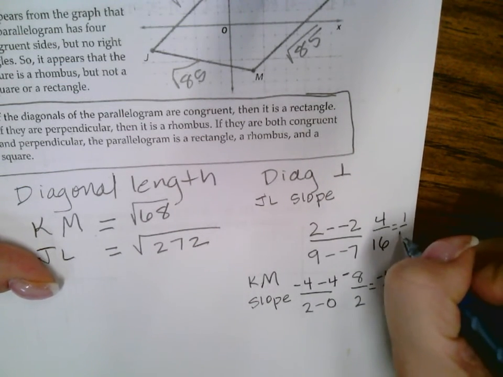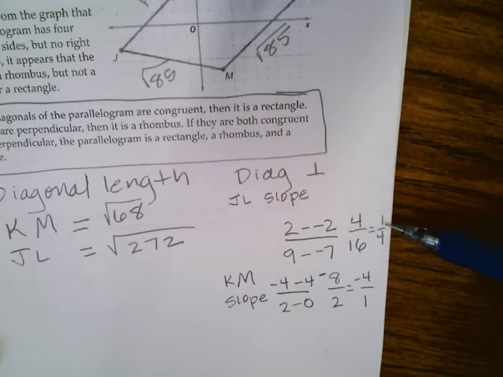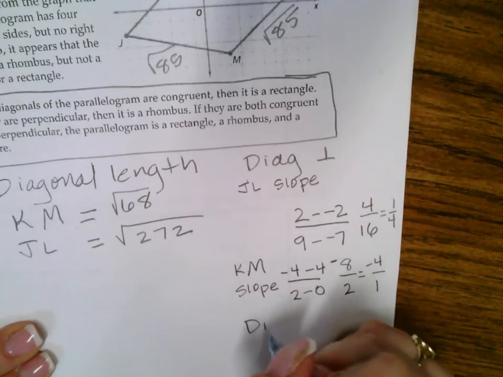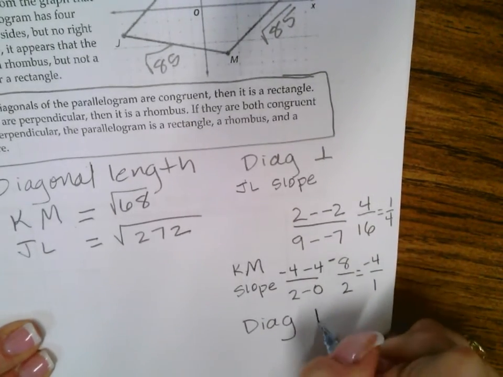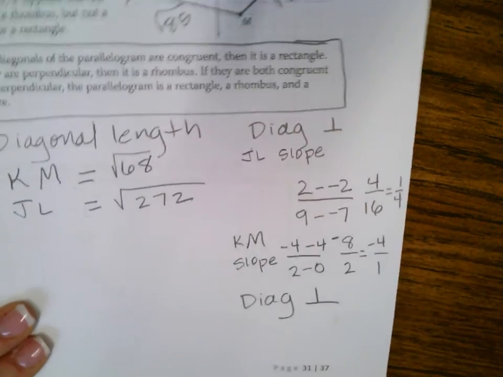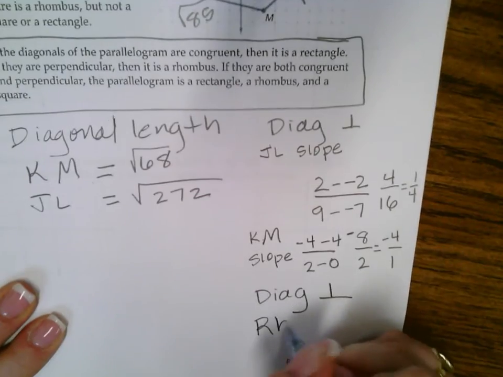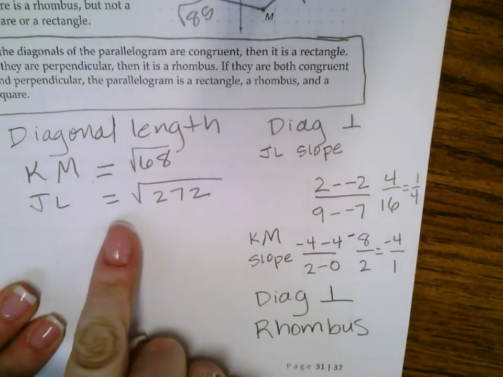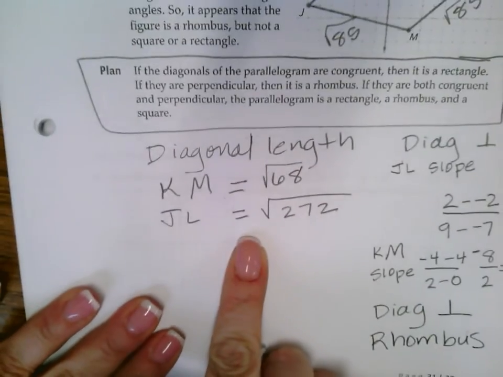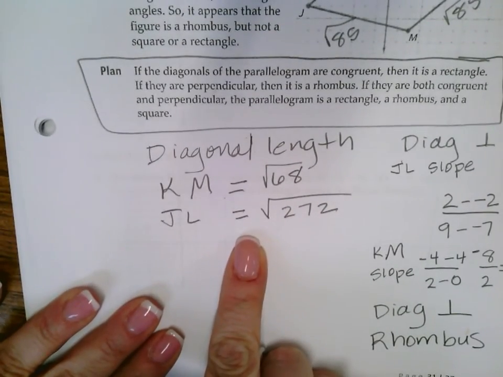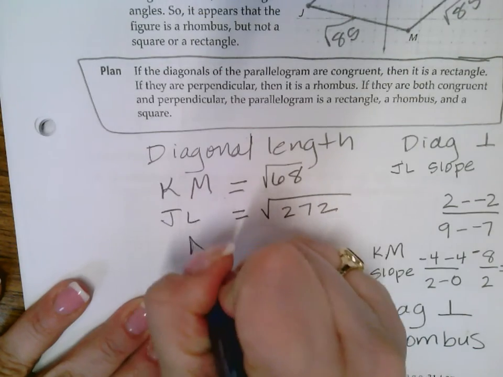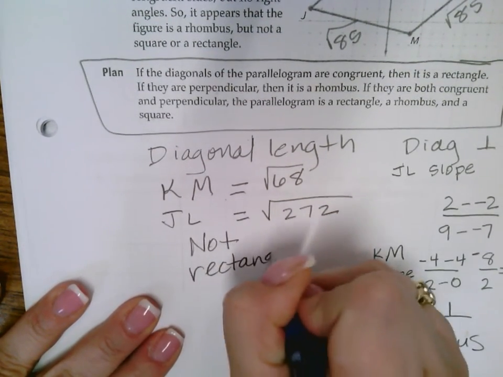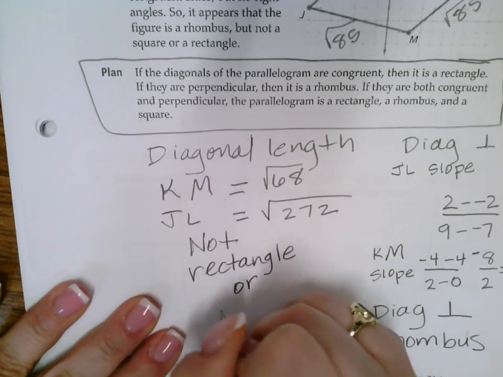And these are negative reciprocals. Can you see the 1 over 4 and the negative 4 over 1? So our diagonals are perpendicular, and we know we have a rhombus for sure. But what this proved over here was that they are not congruent diagonals, so it is not a rectangle or a square.